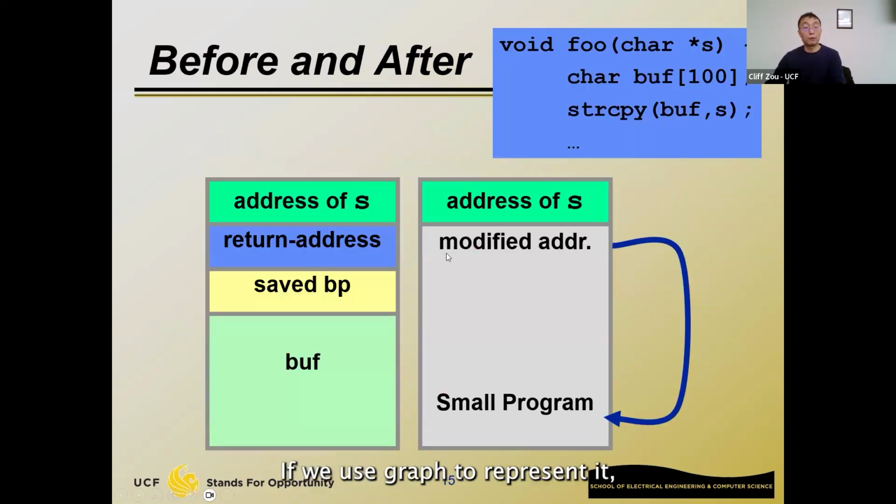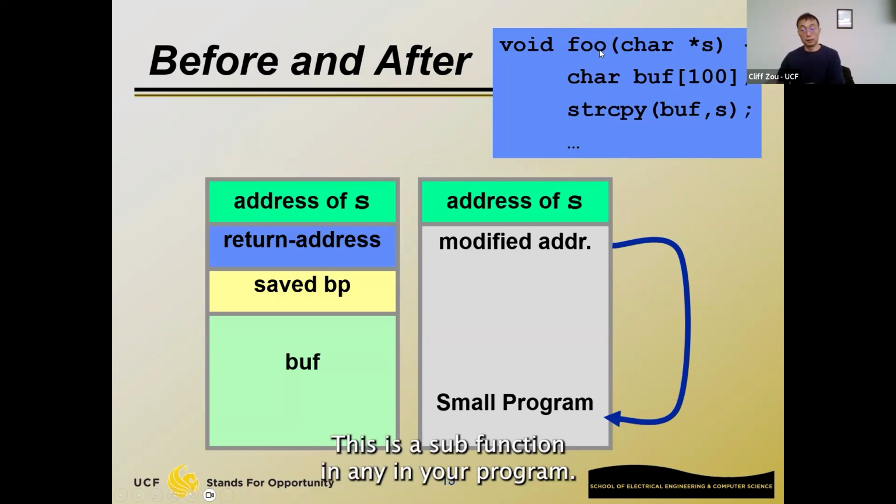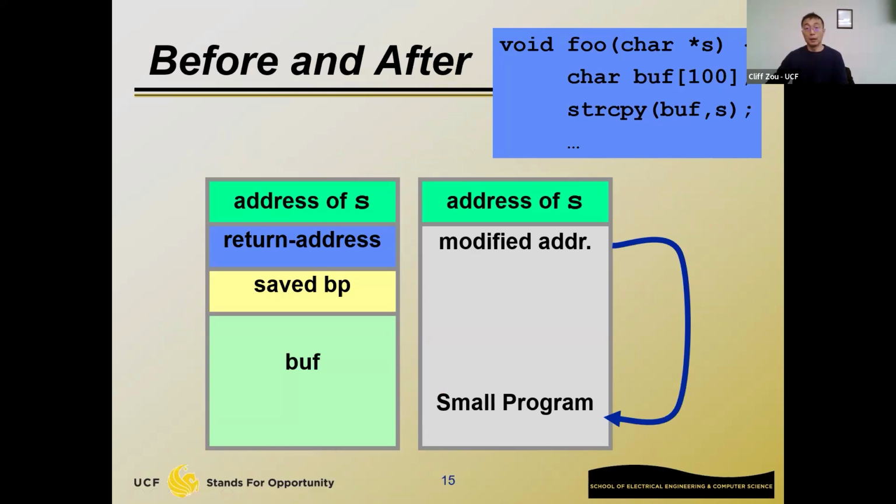If we use a graph to represent it, suppose this is a full function, a subfunction in your program, and this function has vulnerable code in it, a local variable. When this full function is called, this is the stack layout.